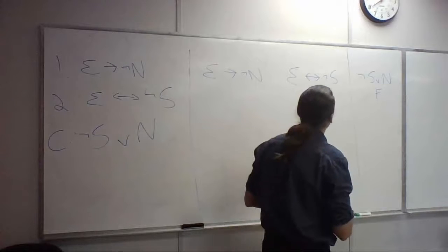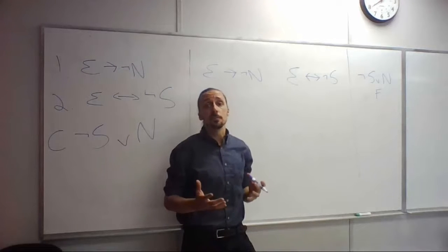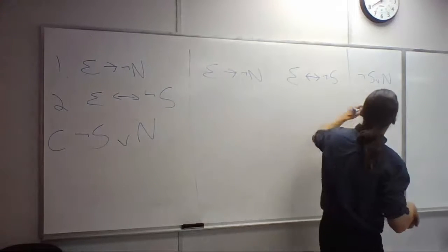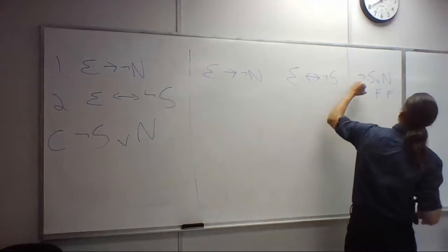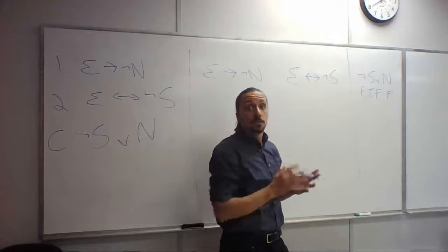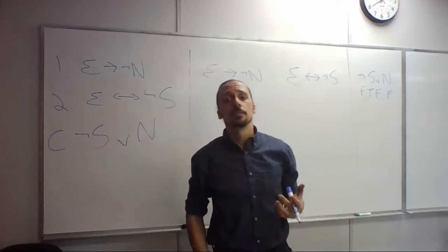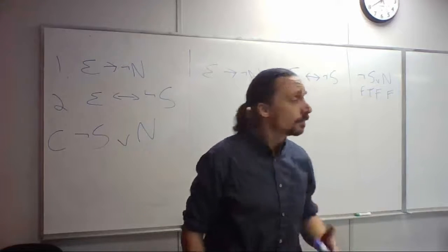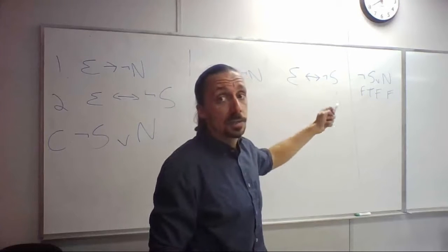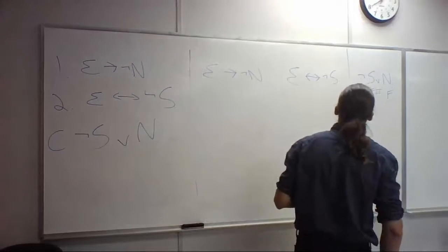So the negation is false. False negations are great for us because they force a lot of moves, because a negation is only false in one case. What is that case? That both sides are false. So now I have recovered values of the atomic sentences. I know that in order for the argument to be invalid, i.e. for the conclusion to be false, the value of S everywhere it is must be T, and the value of N everywhere it is must be F. Well, that's good.